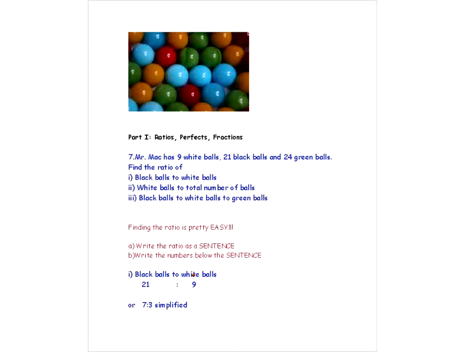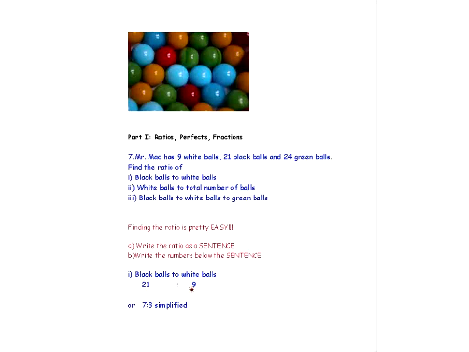Now all we need to do is take the info given in the question and find out how many black balls there are. And we see here it says 21 black balls. So under black balls we write 21. Under white balls we write the number that we see in the question, which is 9. So 21 to 9 is the ratio. That's all we need to do to find the ratio.